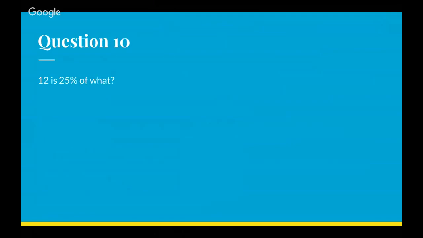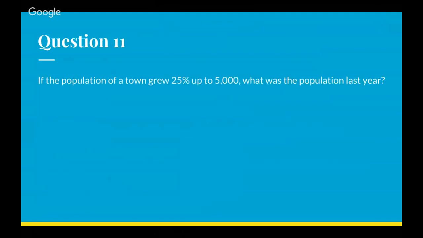Question 10, 12 is 25% of what? Answer, 48. Question 11, if the population of a town grew 25% up to 5,000, what was the population last year?